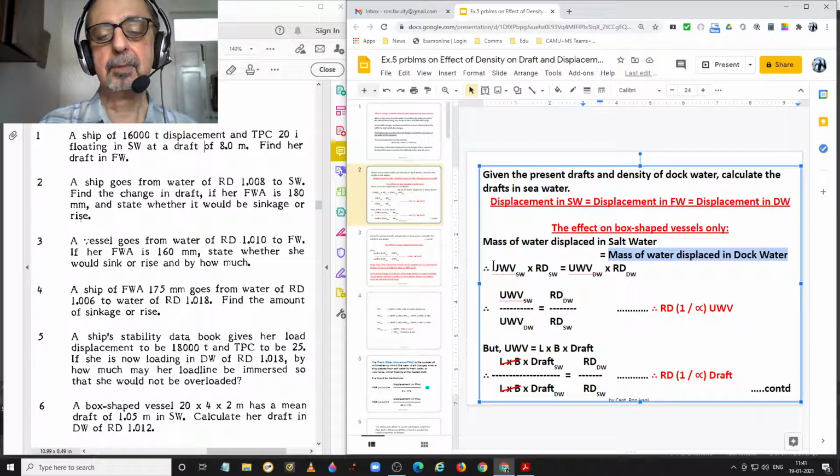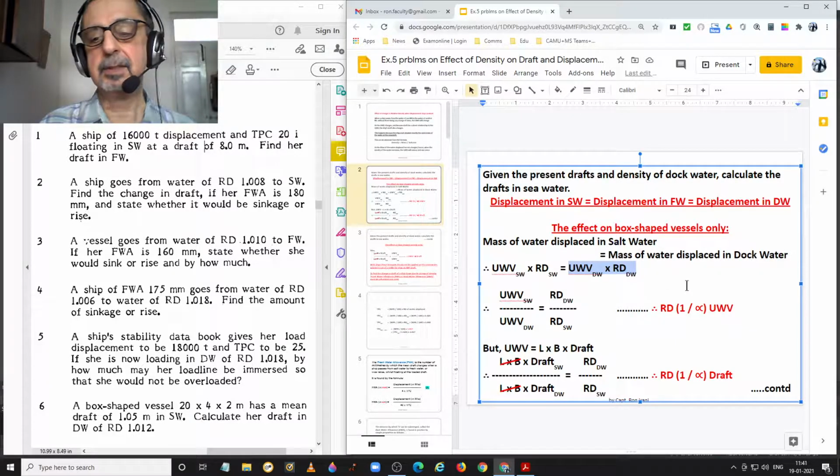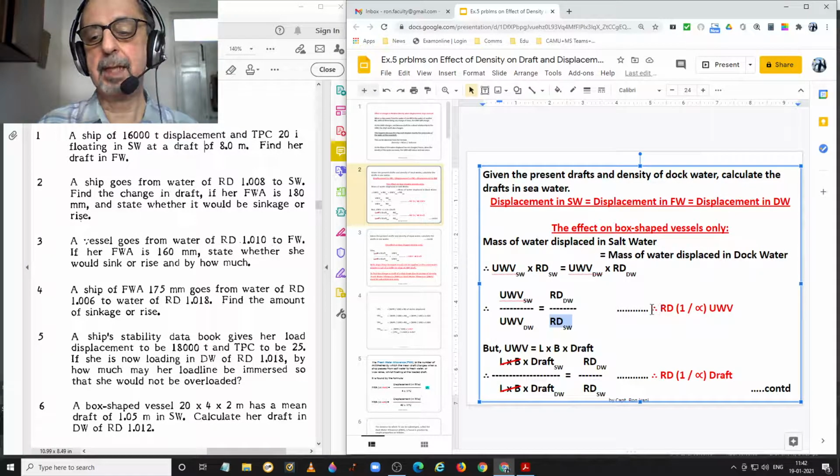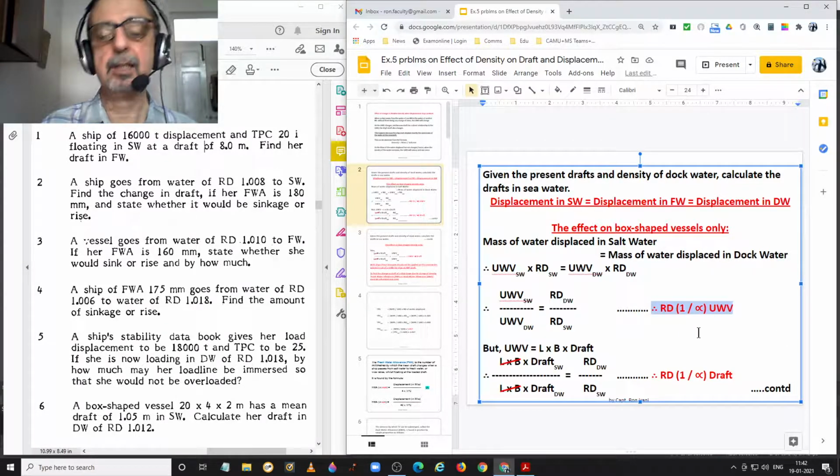The mass is equal to underwater volume into relative density of salt water, and that is equal to underwater volume into the relative density of dock water. Thus we have underwater volume in salt water divided by underwater volume in dock water equal to relative density of dock water divided by relative density of salt water. So from this formula we see that the relative density is inversely proportional to the underwater volume.